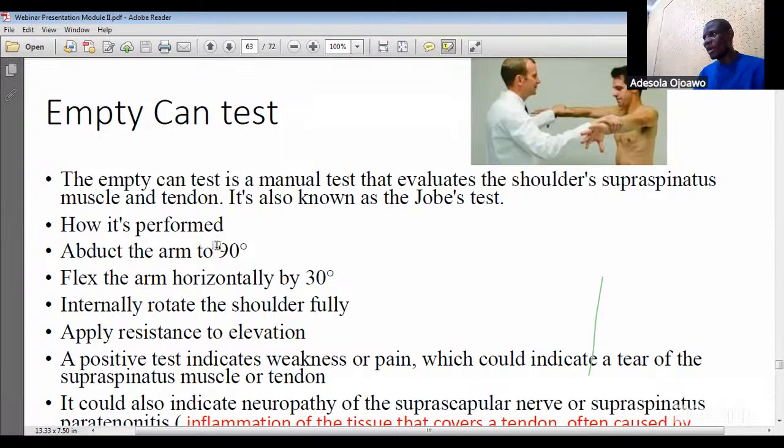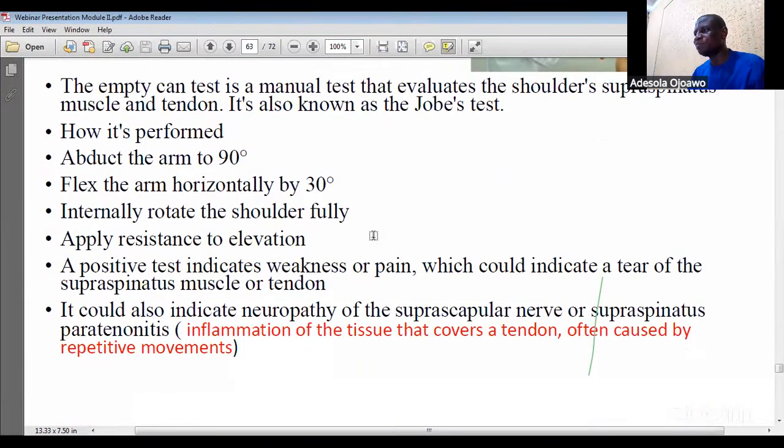The patient will feel pain at the supraspinatus region and the shoulder joint, so the test is positive. Place the arm horizontally at 30 degrees, internally rotate the shoulder fully, and apply resistance. It's positive if there is pain, if the patient is having a problem there. You can also call it the Jobe test.